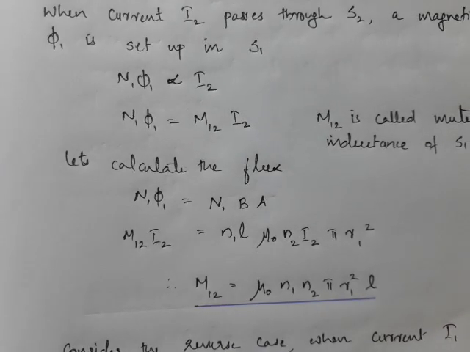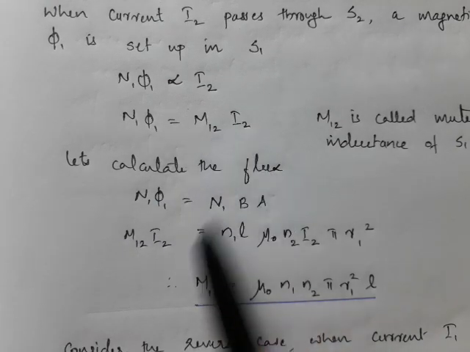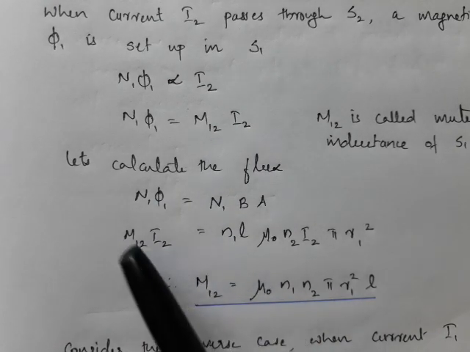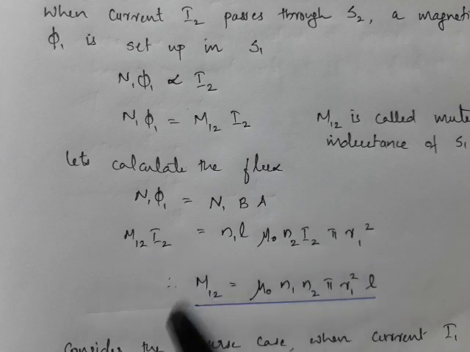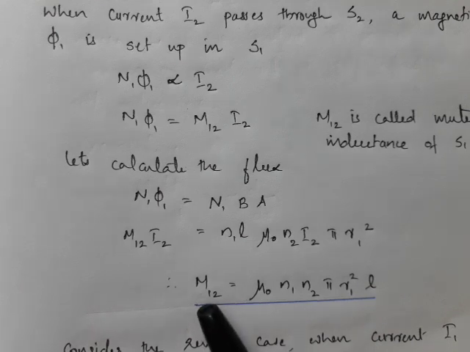Substituting all these, N1∅1 is equal to M12 I2, and I2 cancels, so we get M12 equals mu0 n1 n2 pi R1 squared L. So we got an equation for the mutual inductance of S1 with respect to S2. This is the mutual inductance of coil 1 with respect to coil 2.